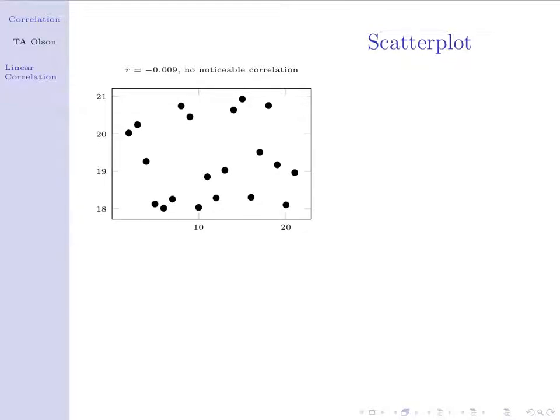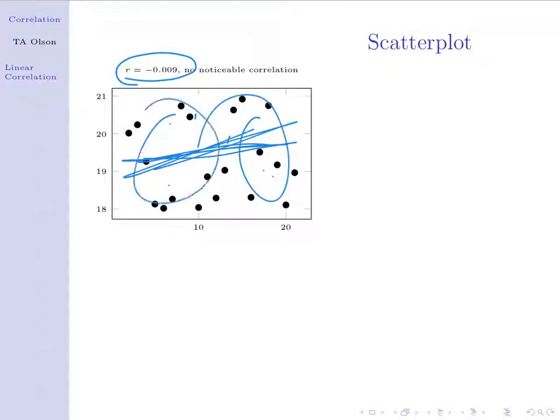I had a tough time getting a piece of data with an R of exactly 0, so if I have a negative 0.009, there doesn't seem to be much of a pattern here at all, right? It's just a giant mess. So no noticeable correlation. They aren't affected together. One doesn't affect the other, and they certainly don't seem to be affected by anything external.